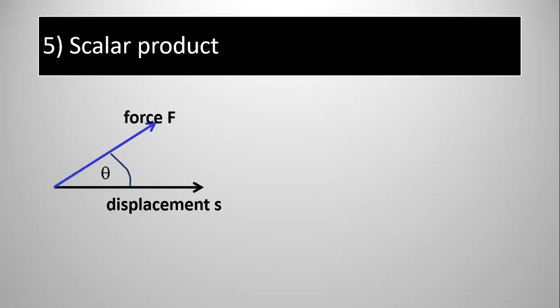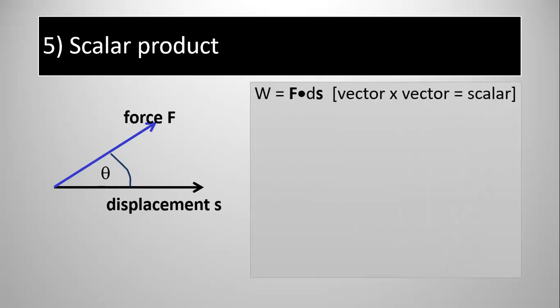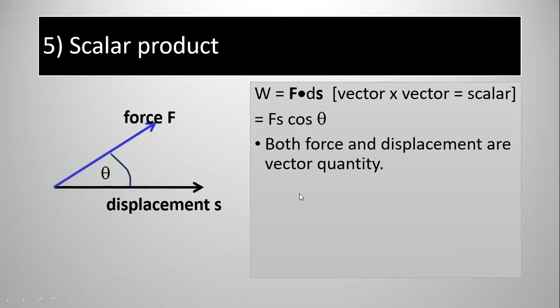Right? So usually when we go to university, we define it in terms of scalar product. Force times your displacement. This is a vector quantity, this is a vector quantity. F dot ds, that is the integration. Fs cos theta, if it's a constant force.